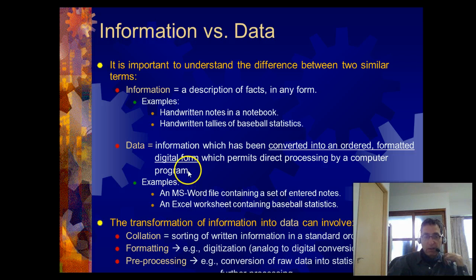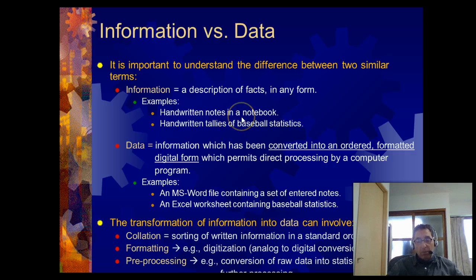Okay, so we might want to make these distinctions between description of facts in any form, notes in a notebook, tallies of baseball statistics. You know, tallies means like how many people got this and how many people did this and so on. And data, which is then converted into an ordered, formatted digital form, so which permits direct processing by a computer.